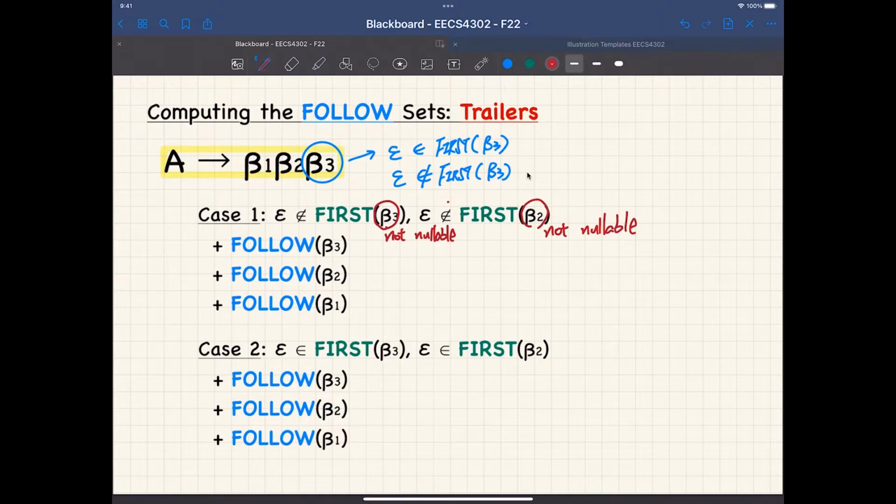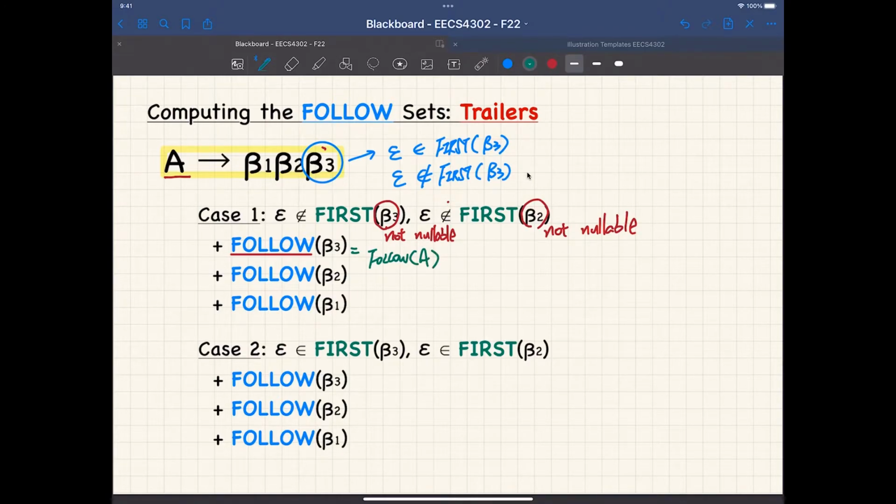And then we want to compute what's going to be the follow of beta 3. In this case, the last component will always be easy. It would, by definition, just be the follow of the variable that eventually can be reduced into. Okay? So why don't we start with that? So this one over here would just be the follow of A.